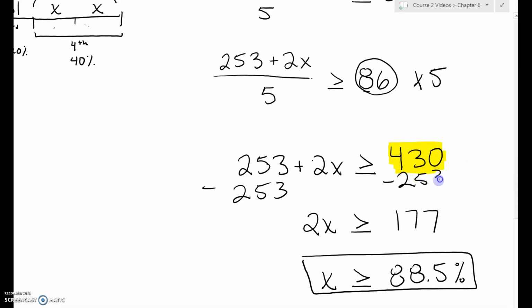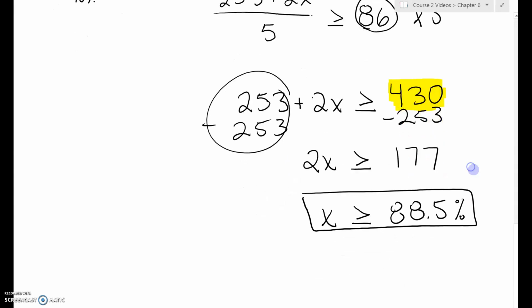How many points do I still need? After subtracting, I got that two of this test would be 177 points. So doubling this test gets me 177, and I just took half of it. I did a little solving expression and got that this test needs to be at least 88.5 to get that score.